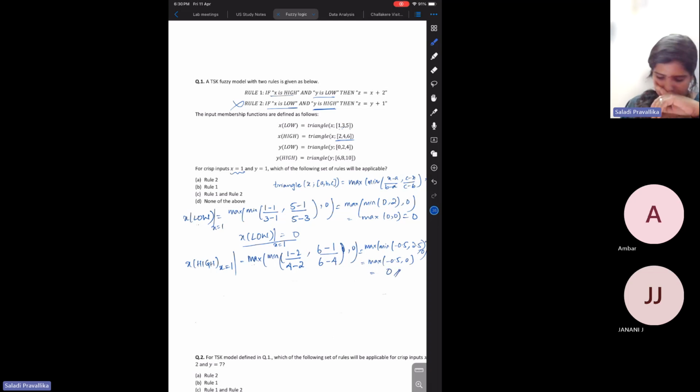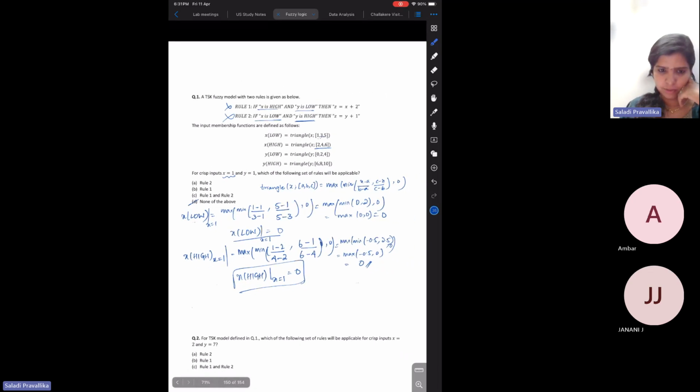So x high at x equal to 1 is also equal to 0. And hence, rule 1 is also out of the picture for us. So rule 1 is ruled out, rule 2 is also ruled out, and hence none of the above is the right answer. None of the set of rules applies to the given fuzzy model.